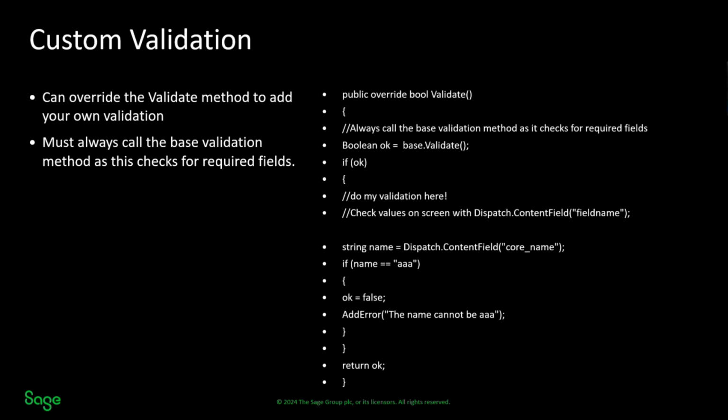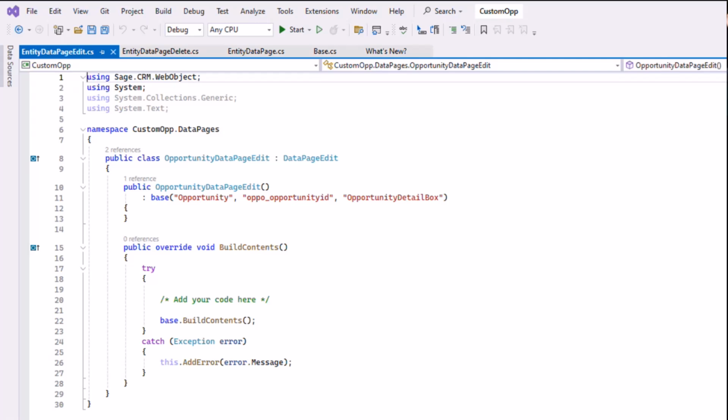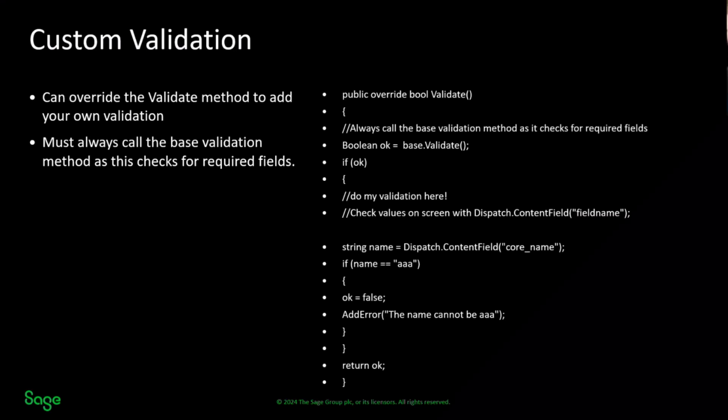So I'm introducing you here now to a new dispatch.content field method to read what's being displayed within the metadata structure. So right back here in our constructor, we have specified that we've got the opportunity detail box. So I'm assuming that core name is a field on that particular screen.